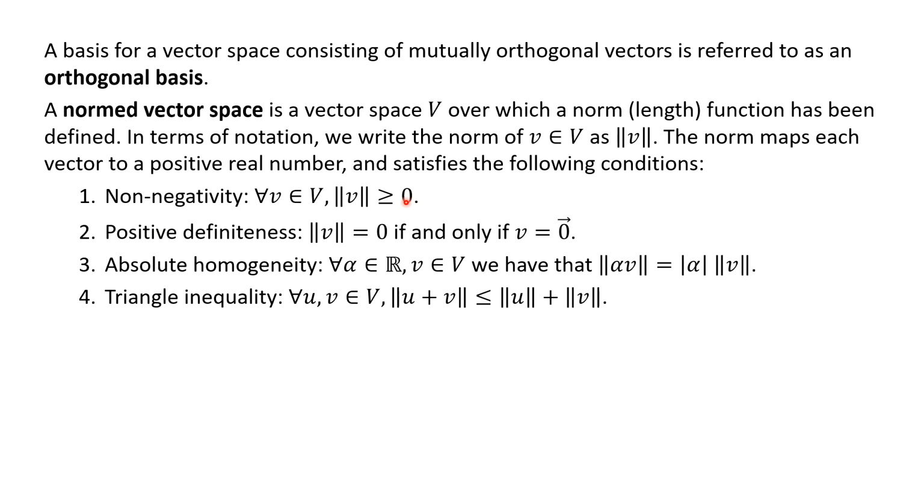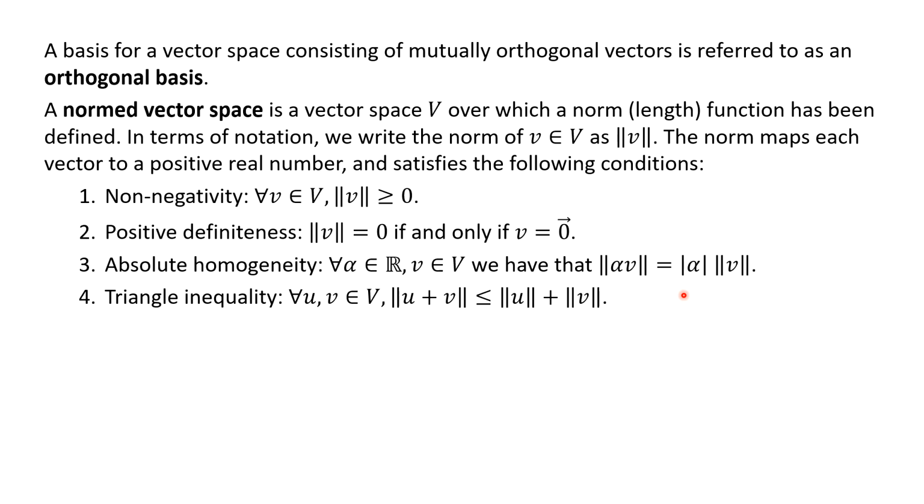The norm of every vector is greater than or equal to 0. The norm equals 0 if and only if you're talking about the 0 vector. For every alpha in R, so every scalar, and v an element of our vector space, you can factor out the scalar, and it's just the absolute value of the scalar.